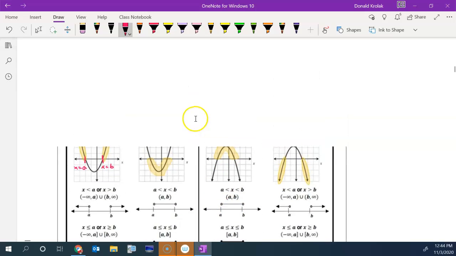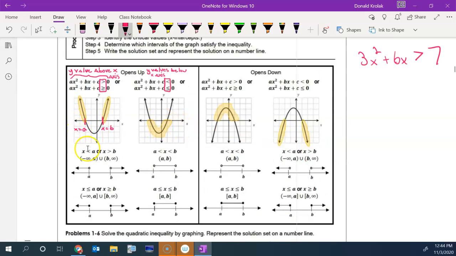All right, so back over here, here's a general rule that you can use. If the graph is opening up and you're looking for where it's positive, you're going to look outside the critical points.